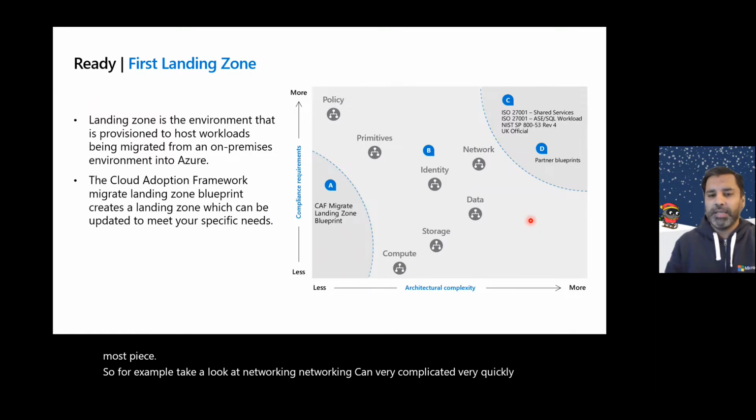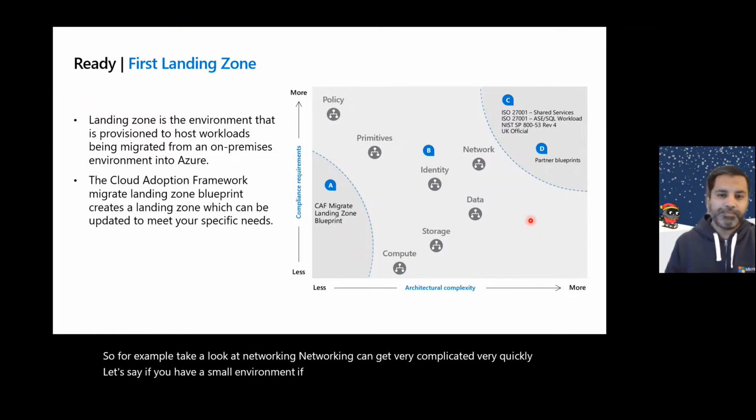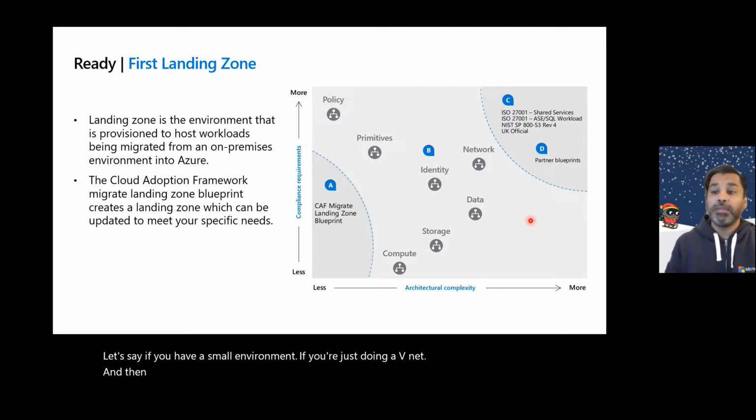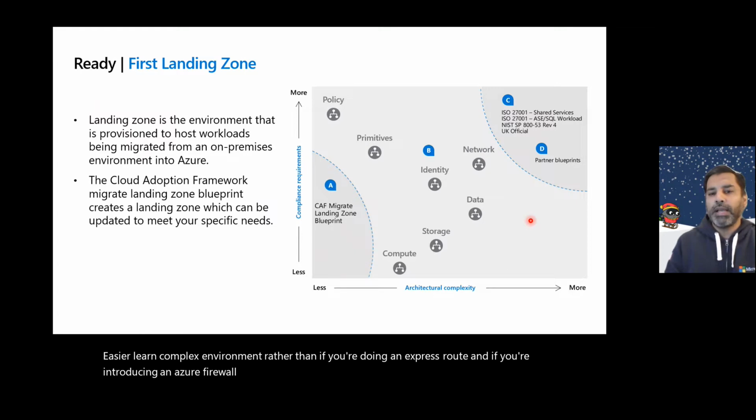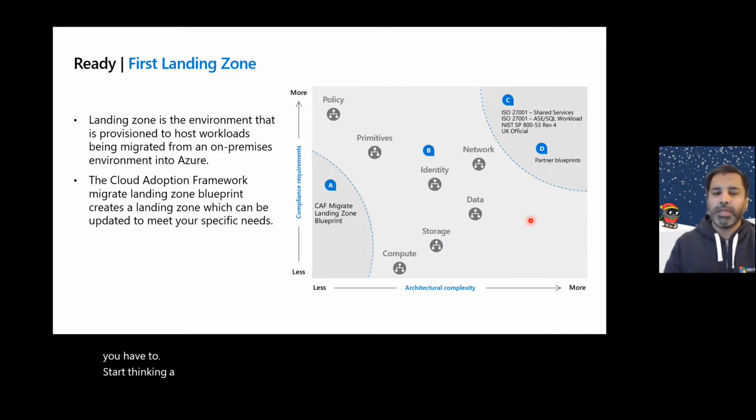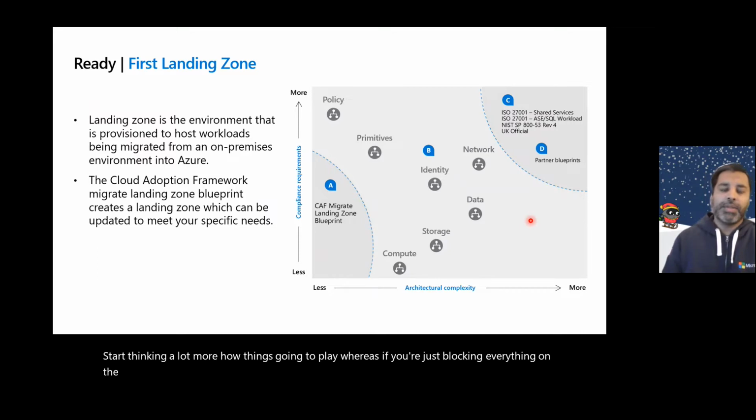If you have a small environment, just doing a VNet and a site-to-site VPN, that is going to be a fairly easy, non-complex environment, rather than if you're doing ExpressRoute and introducing an Azure Firewall versus just doing NSGs. Once you introduce the Azure Firewall, you have to start thinking a lot more about how things are going to play. Whereas if you're just blocking everything on the NSG level, then it's an easier environment.